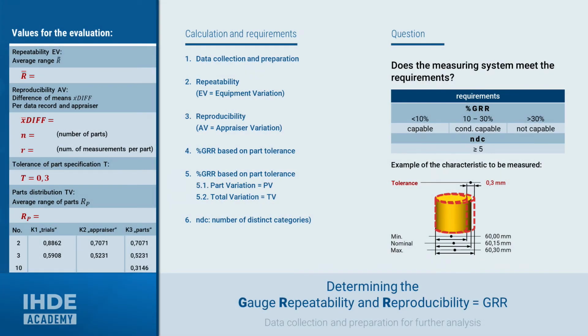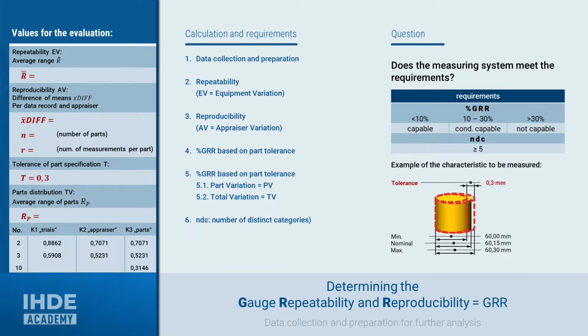The implementation of the measurement system analysis has been divided into 6 sections. First, the data is collected and processed. Secondly, the repeatability is calculated on the basis of this data, abbreviated EV for equipment variation.